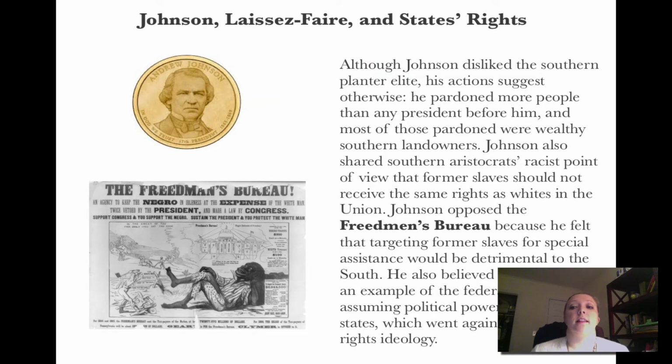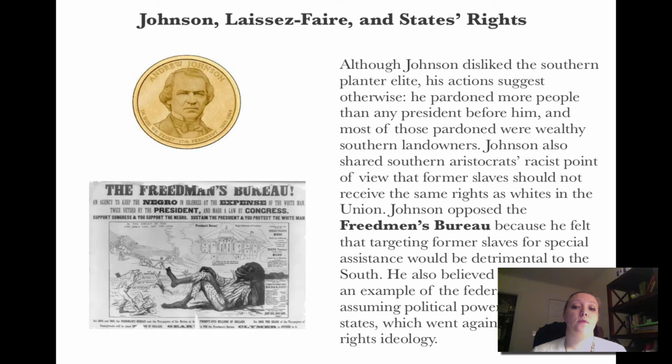Although Johnson disliked the Southern planter elite, his actions suggest otherwise. He pardoned more people than any president before him, and most of those pardoned were wealthy Southern landowners. Johnson also shared Southern aristocrats' racist point of view that former slaves should not receive the same rights as whites in the Union.